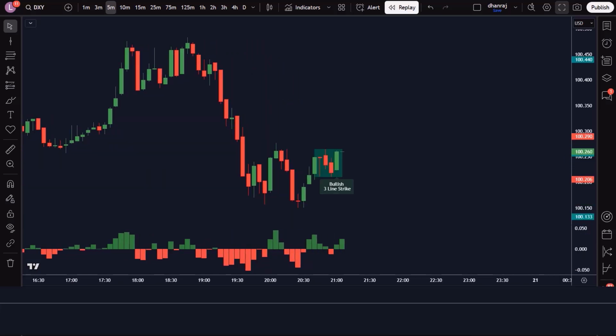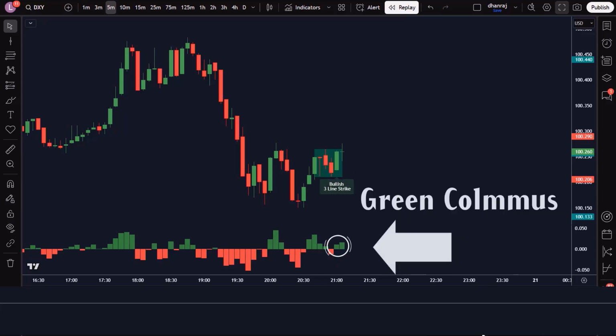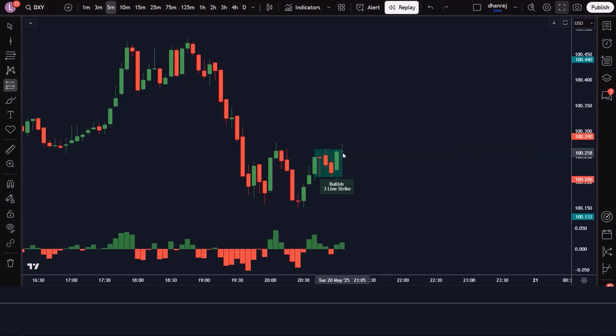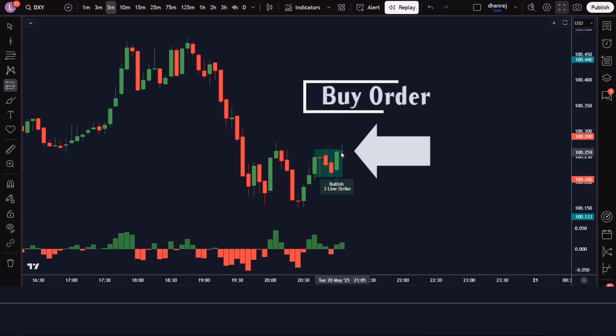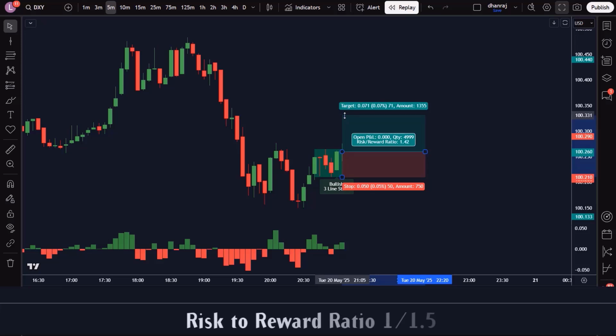We have got the signal. Here the 3-line strike candlestick indicator gives us a buy signal. Here the Kuratoga histogram indicator shows green columns. Here the market has made a bullish candle to give confirmation. So all our conditions are being fulfilled, so we are placing an order to buy. Our stop loss is to be placed at the low of the bullish strike box, and the risk to reward ratio will be 1:1.5.